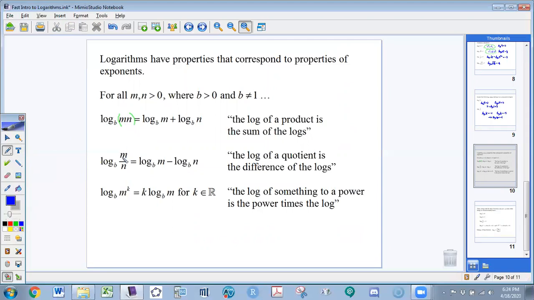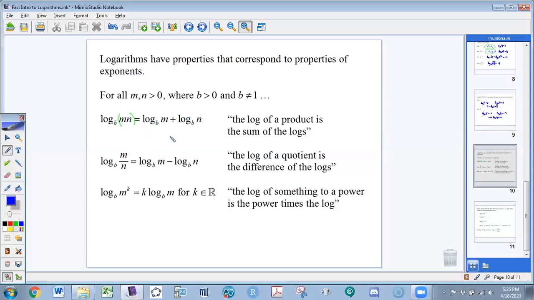If we think back to exponents, remember that with exponential properties, if you have two powers multiplied together with the same base, you add the exponents. Well, logs are exponents. So that's kind of the way you can think about this. When you have multiplication, you add the exponents, because each of these logarithms represents an exponent.